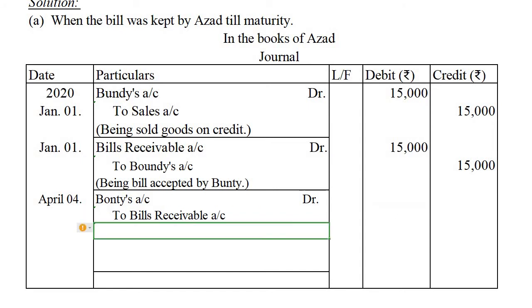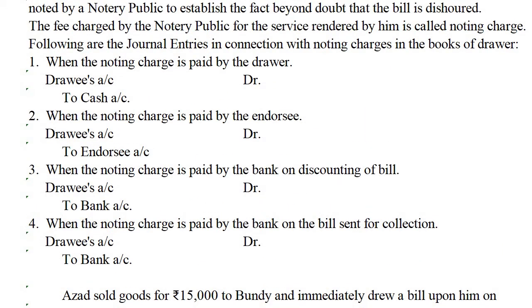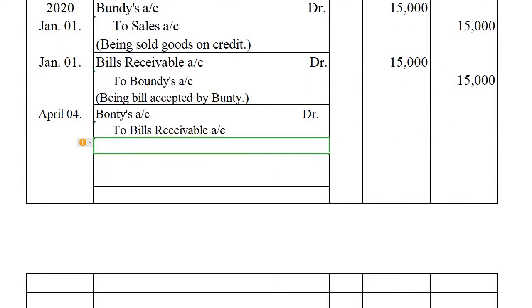Bundy's account debit to bills receivable, and we paid the noting charges also. So when the drawer pays the noting charges, what will we write? Drawee debit to cash. So here drawee is Bundy, to bills receivable, to cash. Okay, so that is the journal entry.